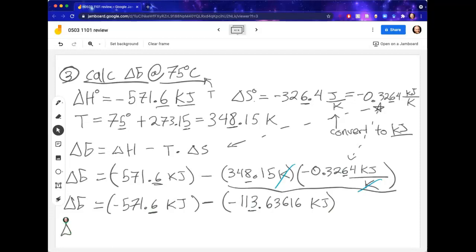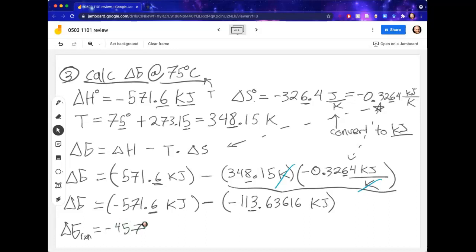What is the final value of delta G here? Throw it in the chat whenever you're ready. I see a vote there. Thank you, Blair. I'm getting a number that's very close to that, and then with the rounding, it becomes minus 458. So let's walk through that last step.